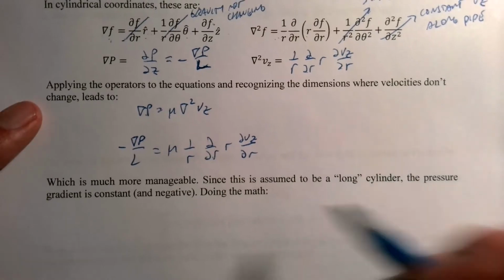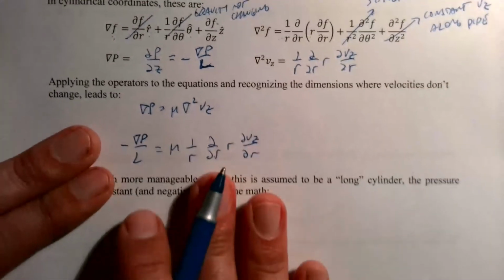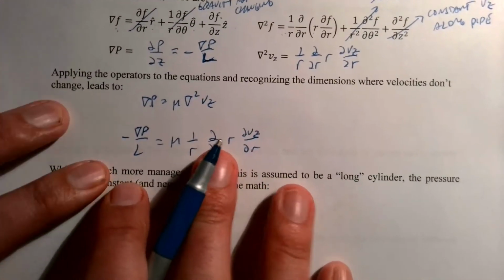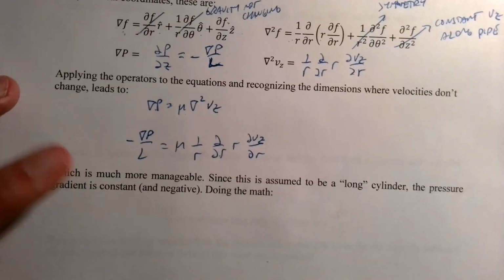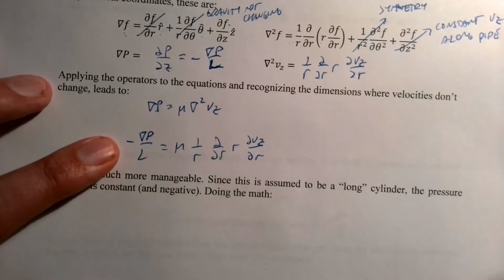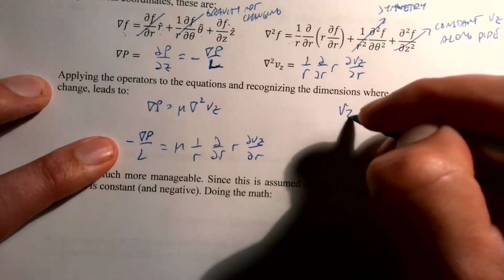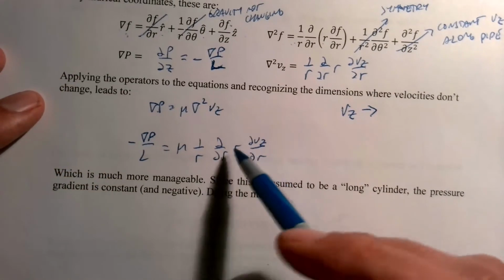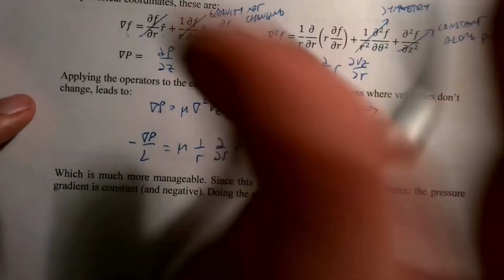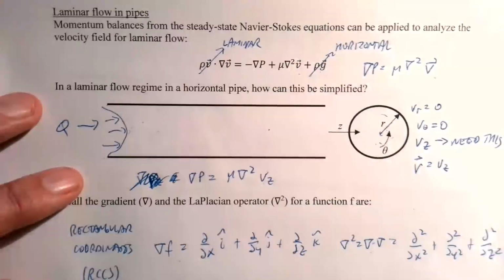Remember, this still looks messy, and I know that it probably looks difficult for you guys. You're not used to seeing it, but it's much easier if we can keep in mind what kinds of variables we're working with here. Remember that v_z is the thing that we are trying to predict. We want to know what the velocity is at different points inside this pipe that has laminar flow.